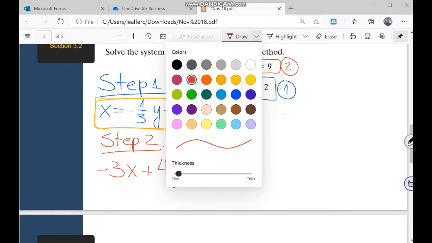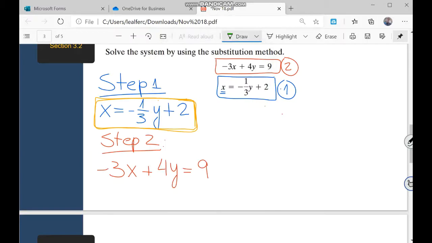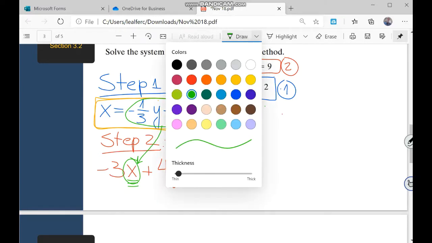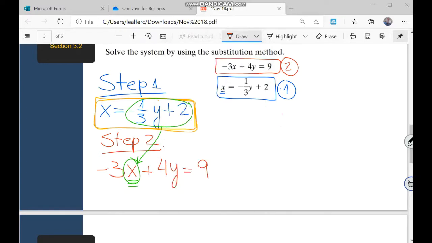And what we will do, we will substitute this -1/3y plus 2 into equation number 2, into this x here. We're going to substitute, and we're going to find one whole equation only with y, only with one variable. Let's do it.